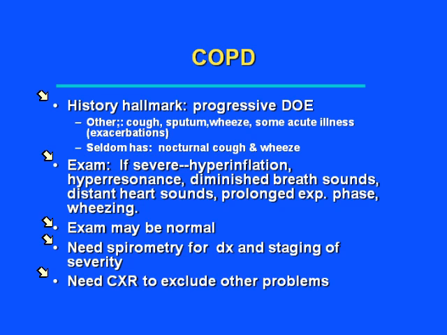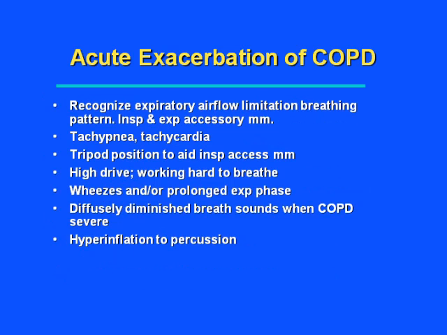Then you also need a chest x-ray to exclude other problems. So I'm including this in the idea of examination of the patient with a chest illness, because in fact we rely on a variety of diagnostic techniques and correlate the physical exam, the symptoms, the pulmonary functions, and chest x-rays or other imaging studies.